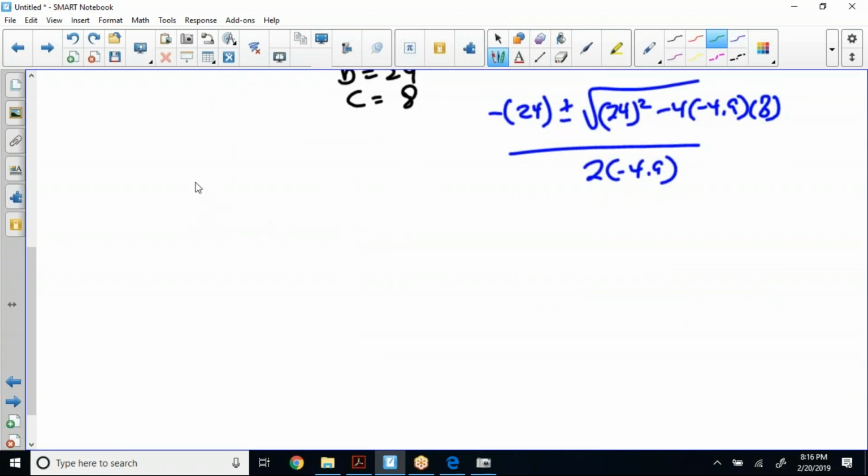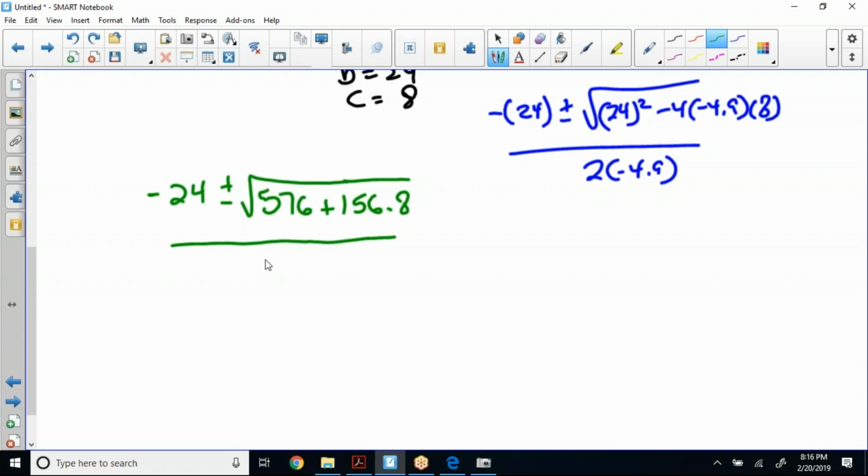So I'm going to move this over here so I can have a little bit more room. Negative 24 plus or minus 576 plus 156.8. That's what this comes out to be, all over 9.8, right?